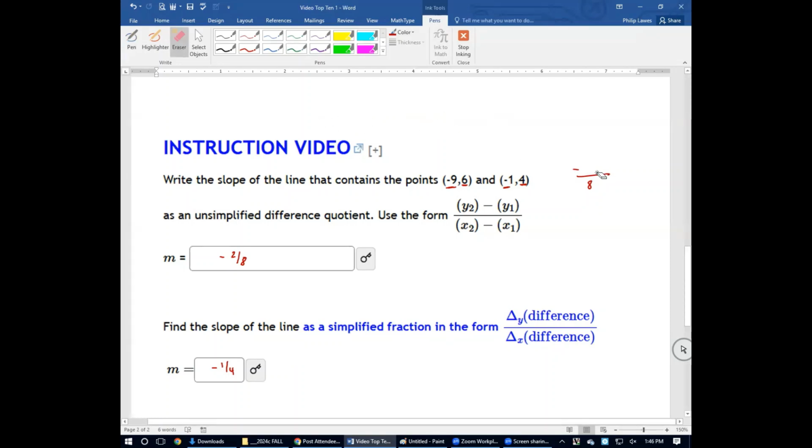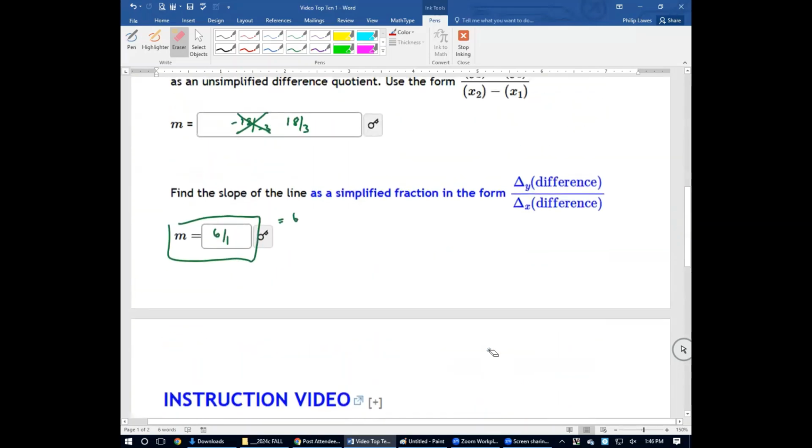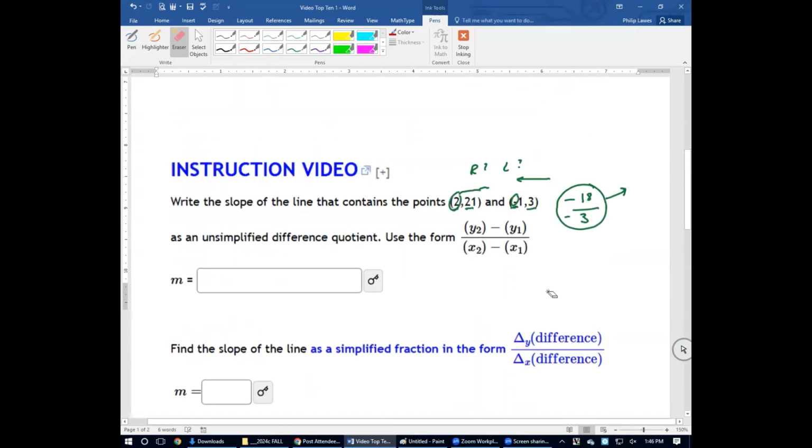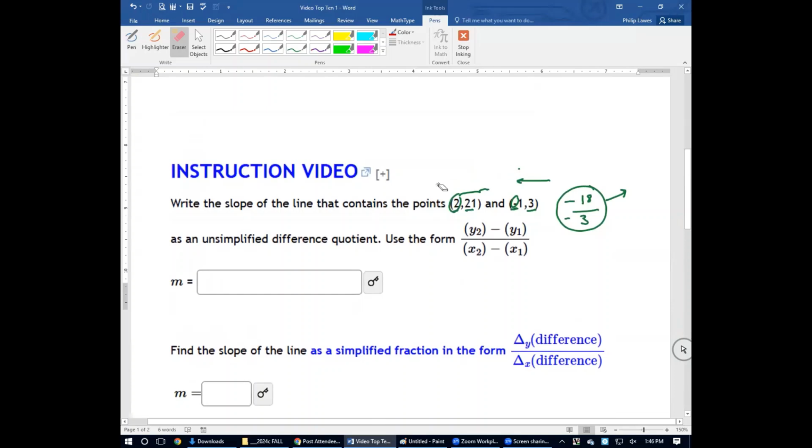Now, the traditional way, which is probably what you learned in high school, says, all right, we're going to use a formula. And the formula says y2 minus y1.